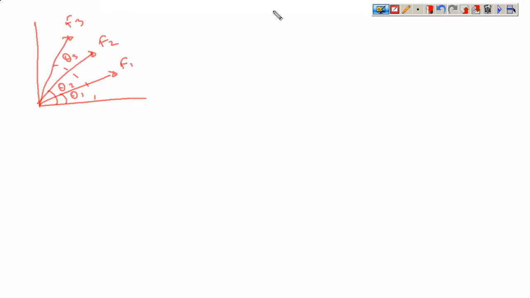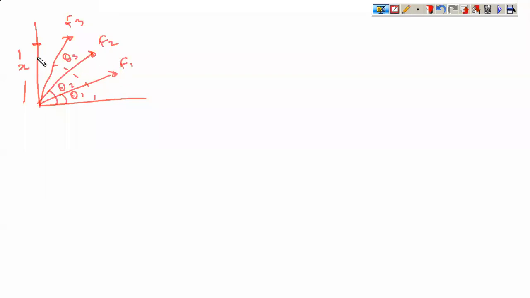Okay. So what you have done is, let us say you have taken some reference which is located at a distance x. This is some distance x. So F1 can be resolved into two components, F1 cos theta 1 and F1 sin theta 1.